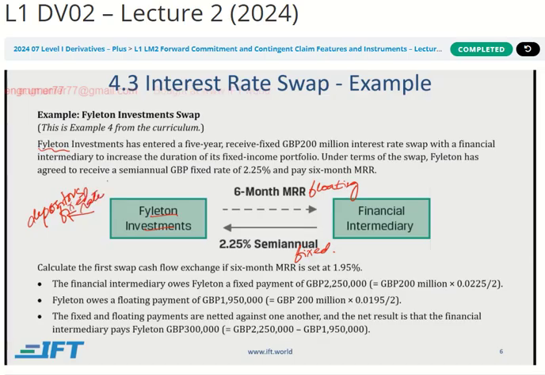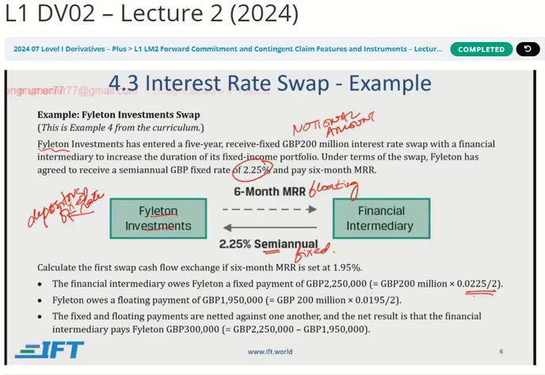So what's happening over here, the fixed rate is 2.25 and this is semi-annual. So 2.25 divided by 2 and the notional principal is 200 million. So the notional amount, which is the amount of the swap, is 200 million.